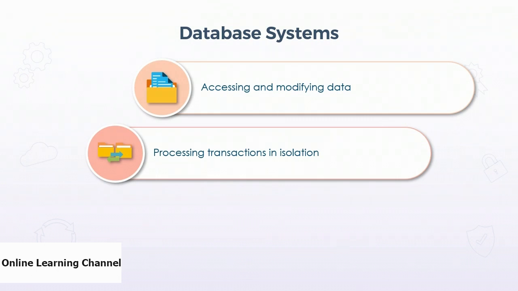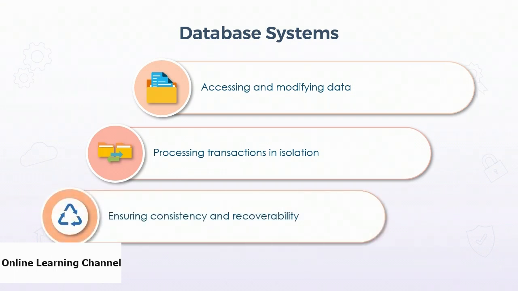This is a balance, however, since excessive locks can seriously deteriorate performance. Finally, the system needs to ensure consistency and recoverability in the case that something goes wrong. Just imagine what might happen if bank computers lost account information, or that information became corrupt and it wasn't recoverable.